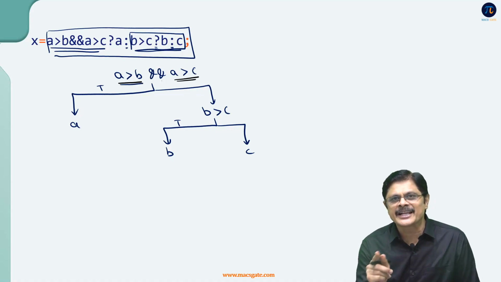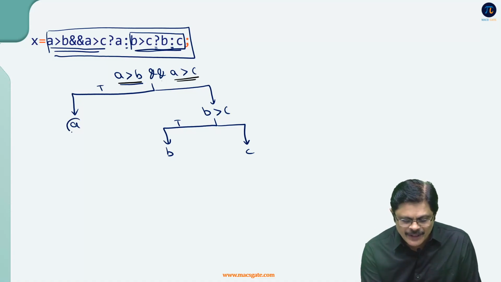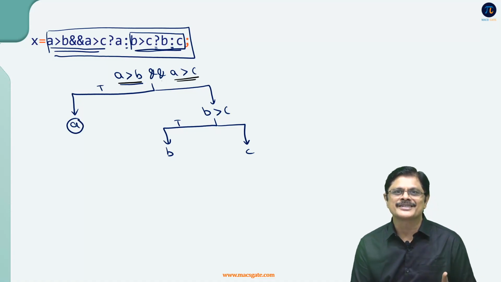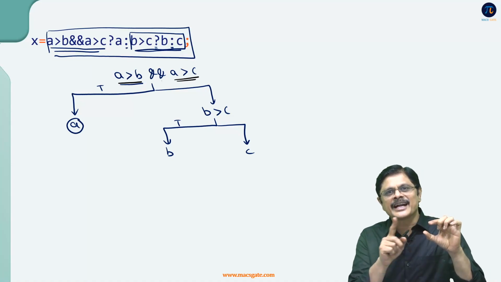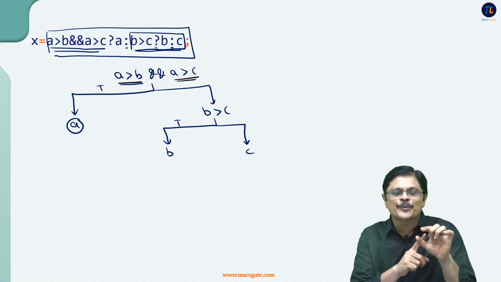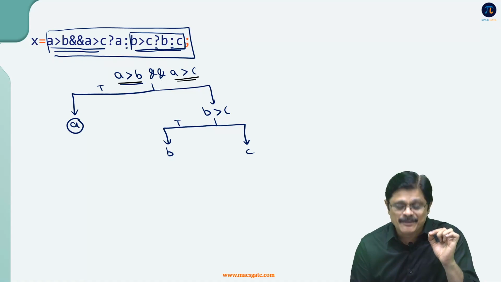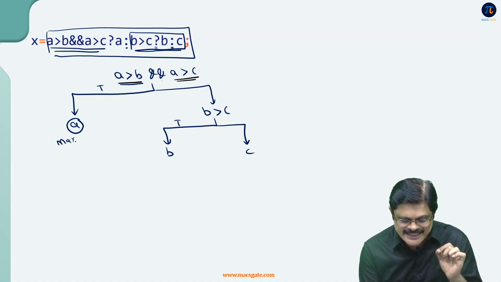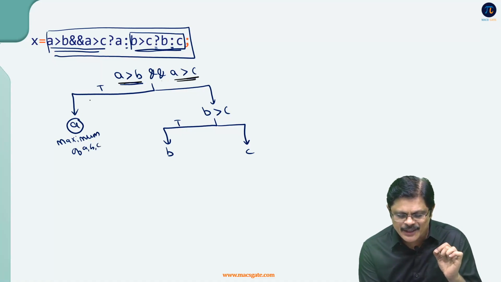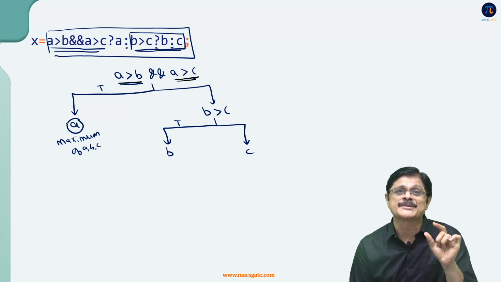What is the output? A is the output. A is greater than both b and c, so a is the maximum. Here it is giving the maximum of a, b, c correctly, because when both conditions are true, a is the output.